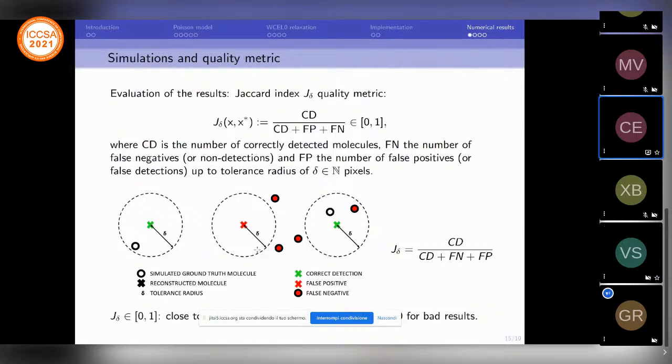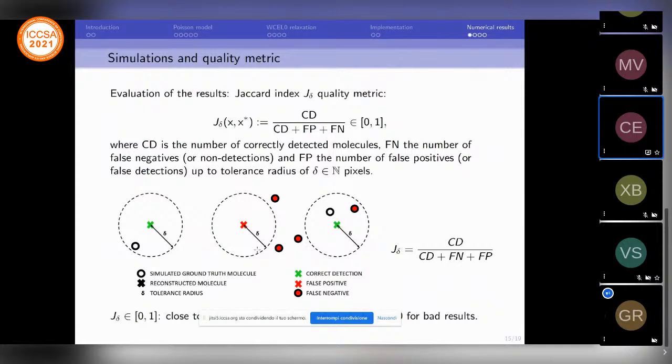Yes, thank you. Okay, just to evaluate the result, we consider the Jaccard index, which is the ratio between the correct molecules and the sum of the correct ones and the false positive and false negative ones, with respect to the radius. So we give a tolerance in terms of pixels.